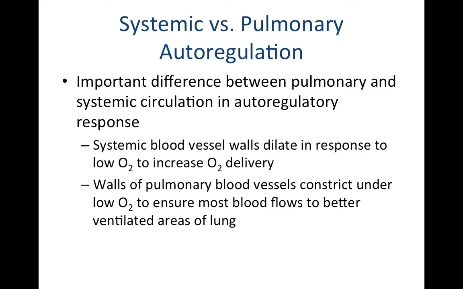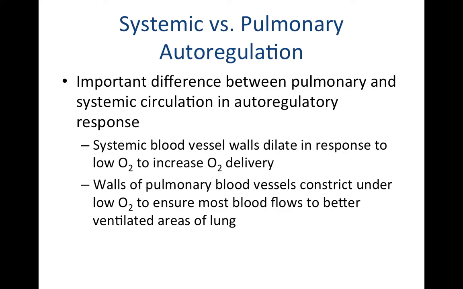If you're in the systemic circuit, you need to drop off the oxygen to those body cells that need it to generate ATP, and you need to pick up carbon dioxide into the blood. So there's a difference in how these vessels will act if you have hypoxemia, if you have low oxygen.